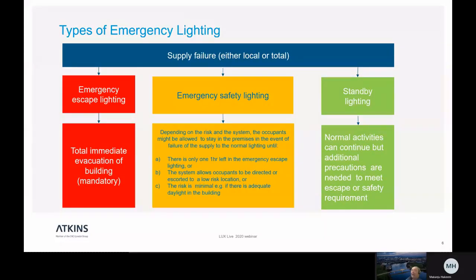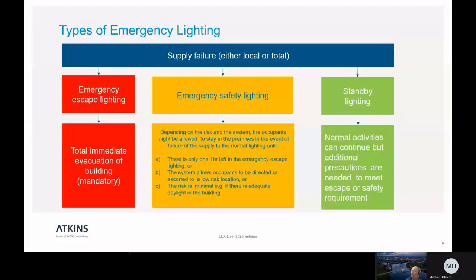Emergency safety lighting is additional lighting that is provided if people are required not to evacuate immediately. And there may well be cases where you might have an airport where there are security concerns. Often in an airport, escaping or going out the escape route is more unsafe than actually staying where you are.